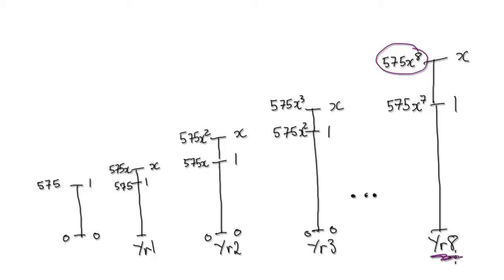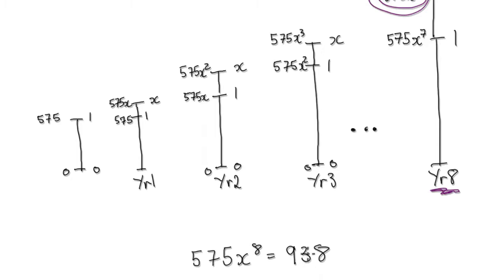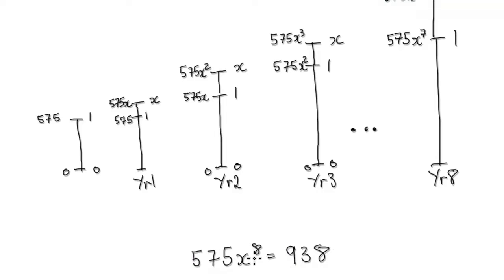So you can put it into an equation. Set that thing to be 938, because you're told in the question that at the end of year 8 you will have this much amount of money. So put it into an equation, work backwards to find out this figure here.